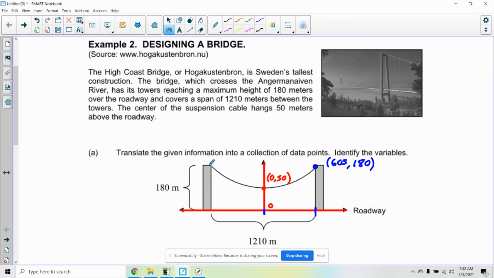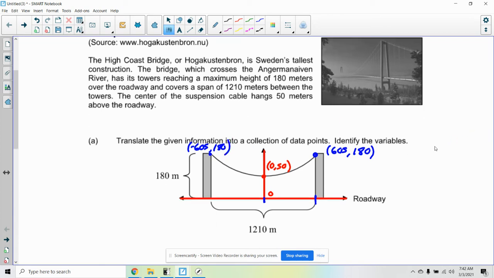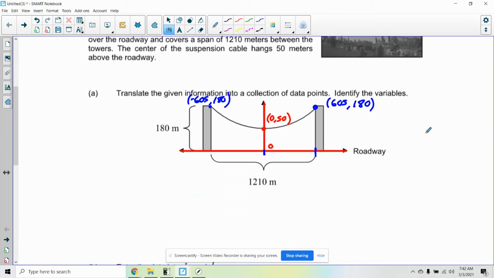And then just make this negative 605, 180 meters. Okay. That's enough. We only need the 3 coordinates to get the parabola, right? And since there's 3, it's actually going to go through all 3 points very nicely.